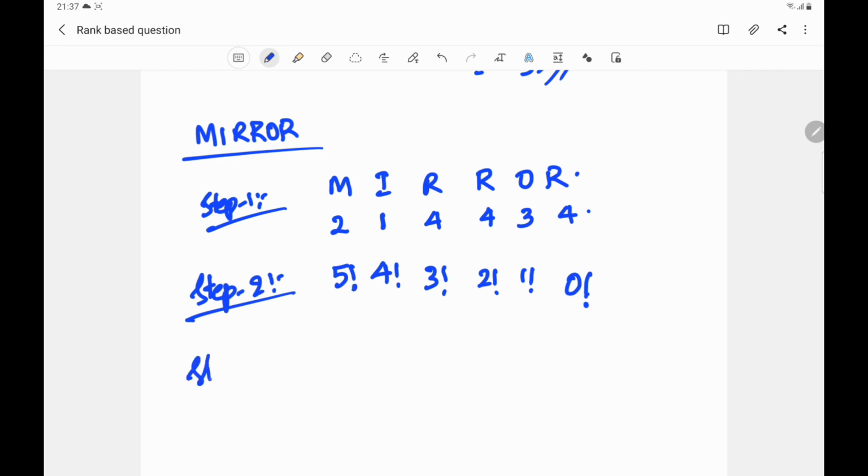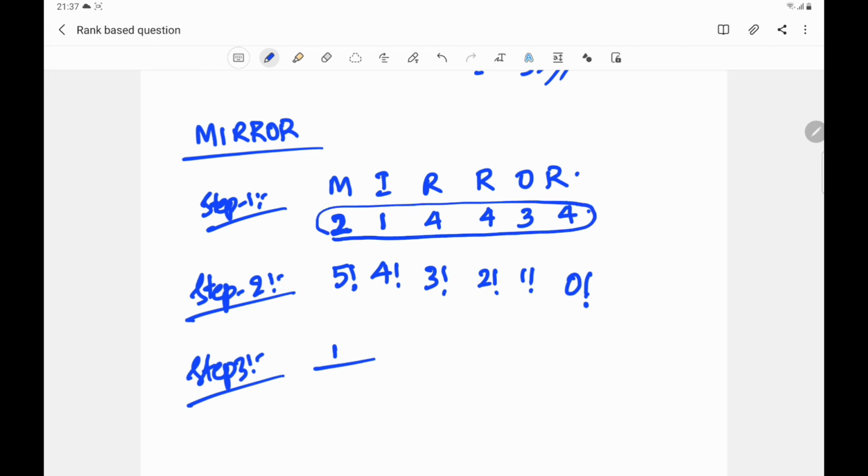Now step 3. To the right of this rank 2, how many ranks are less than 2? There is only one rank, divided by, include this 2, take all these 6 together, and how many things are repeating? This is 3 factorial, because there are 3 fours that are coming.